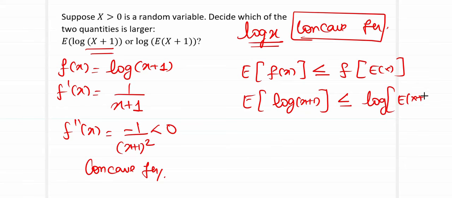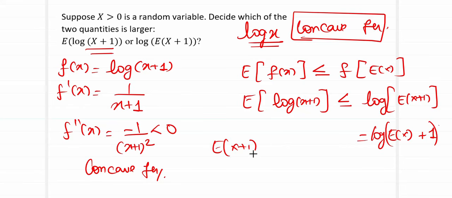Now we may ask the question, wherever I have X, I'll have to replace it with E of X. Will it be the same as E of X plus 1? Will this also be the same? Yes, this will also be the same because we know that E of X plus 1 can be expressed as E of X plus E of 1, which is nothing but E of X plus 1, and we know the expected value of a constant is the same.